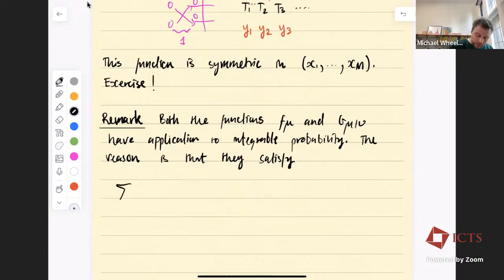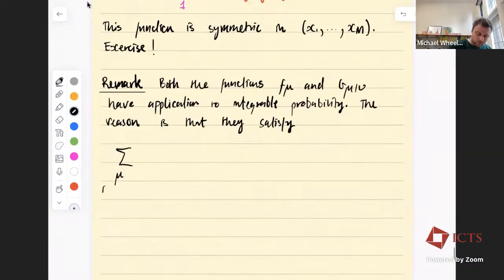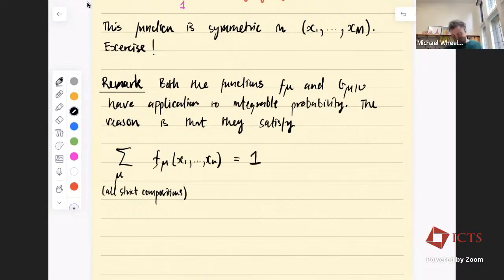So if I take a sum over all strict compositions mu of the function f mu, this adds up to 1. Provided I work in the regime where all of the vertex weights are, let's say, real and positive. Okay, so that's the first property.